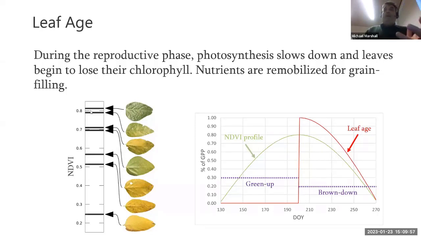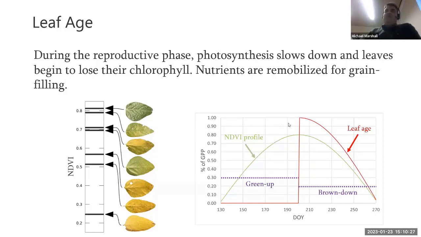So a value of 0.8, even 0.9 is feasible. But as the leaves age, they brown and eventually die during the brown down or senescence phase. The leaf area index goes down. And so the browner it gets, the lower it gets, say below 0.3, 0.2 NDVI, it's basically the canopy is starting to look like the soil from a reflection point of view, from an NDVI point of view. They kind of look the same.